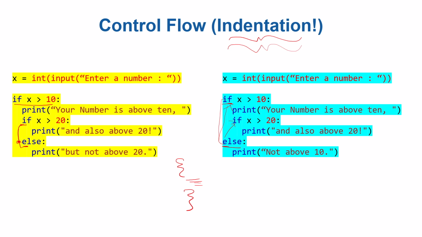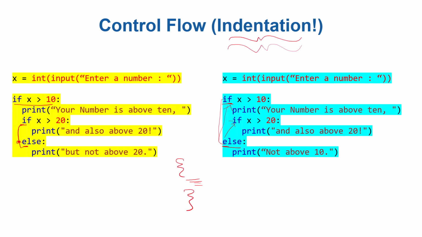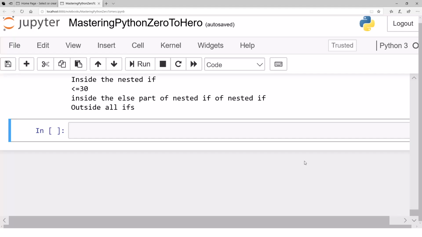I just want to write a Jupyter program for you to get comfortable with if, nested if, the conditions that are ands and ors and nots and stuff like that. So in the next video, we will be practicing more on Jupyter for if conditions, and then from the next video, we will be jumping toward loops, the very, very powerful structure. Okay, hope to see you in the next video.